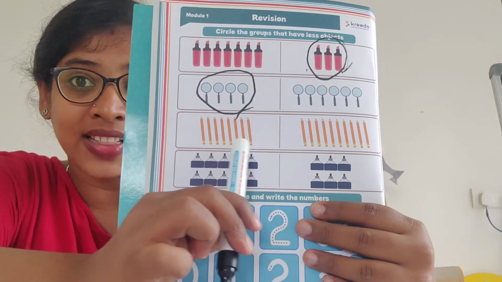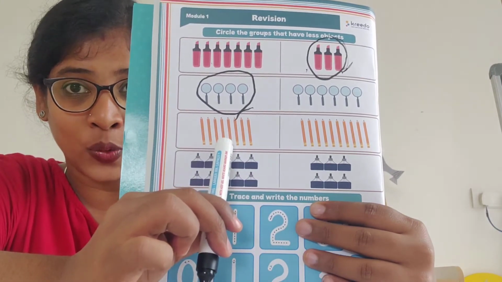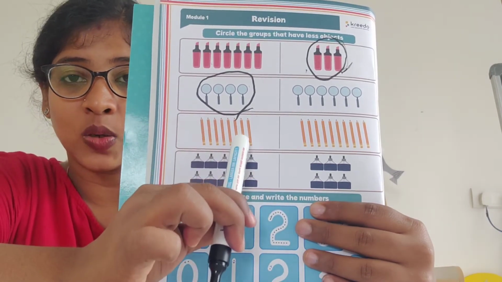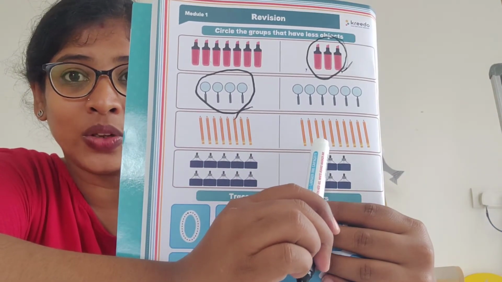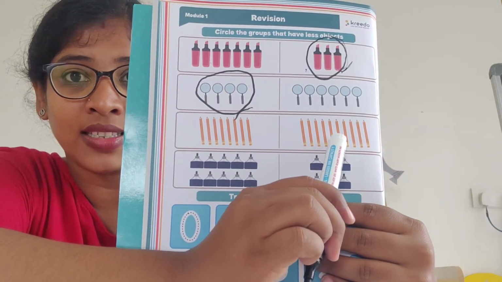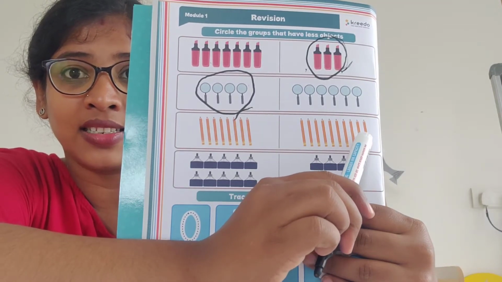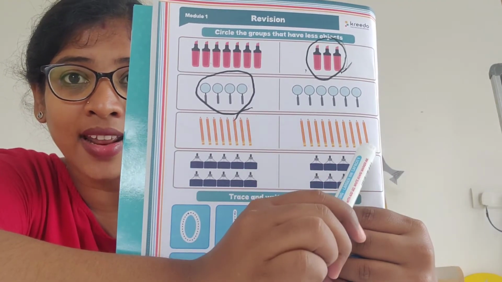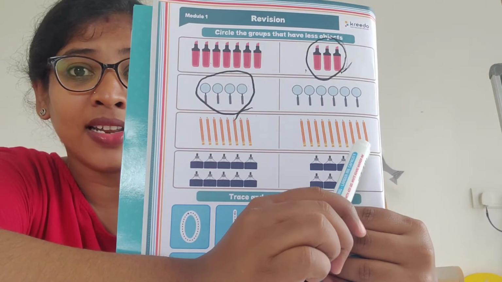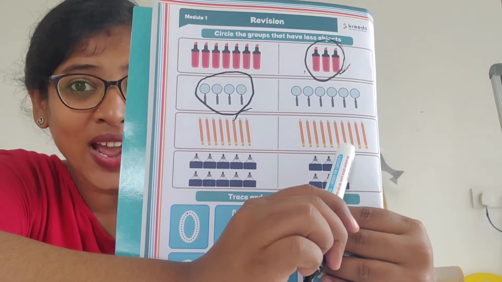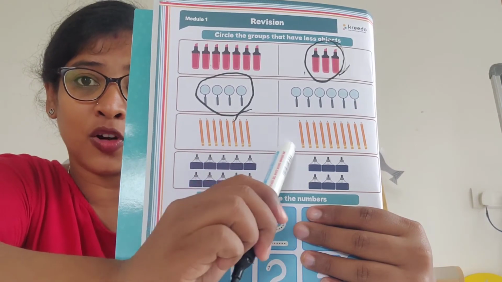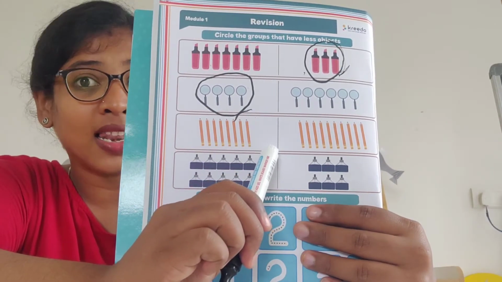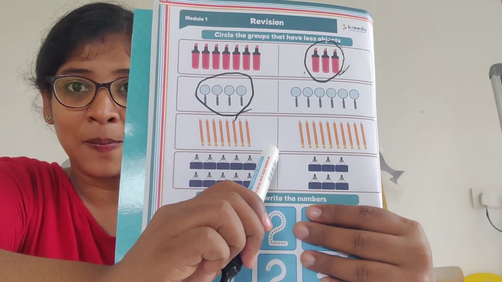There are 8 pencils in this group. So let us count the other group. 1, 2, 3, 4, 5, 6, 7, 8, 9, 10. There are 10 pencils, right? Now let me know which group of pencils has less pencils.